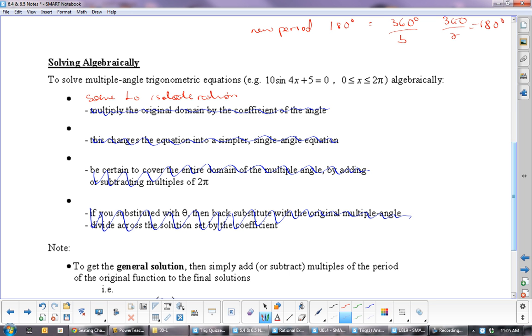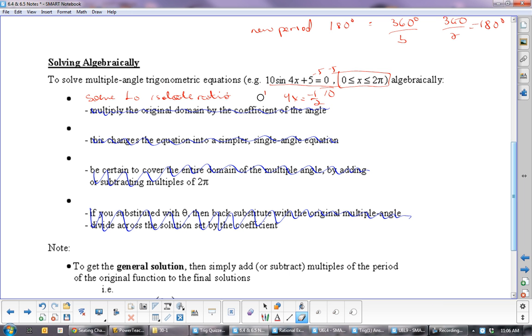Okay? So, we're doing this one here, in the domain 0 to pi. Oops, not the ratio, the sine. Okay, so the first thing I will do is subtract 5 from both sides, and then I'm going to divide by 10. So I will get tan 4x equals negative 1/2.